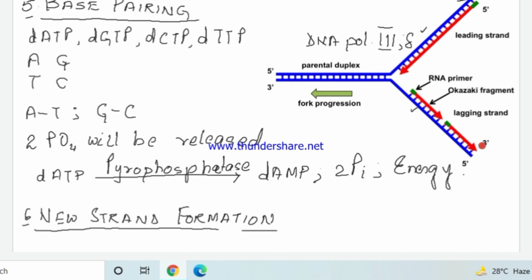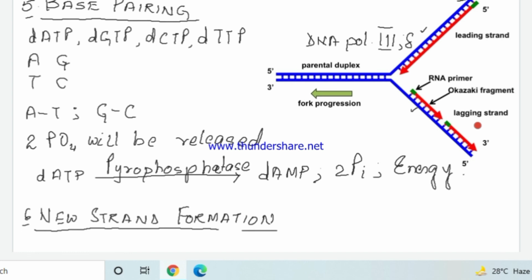In this way, multiple small fragments are formed in the 5' to 3' direction. As I said, this is because the DNA polymerase cannot catalyze the addition of nucleotides in the 3' to 5' direction. So, these short fragments are known as Okazaki fragments, and this entire strand is known as the lagging strand.